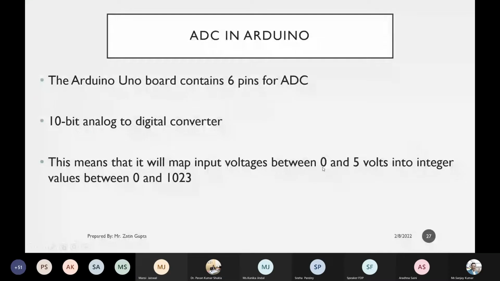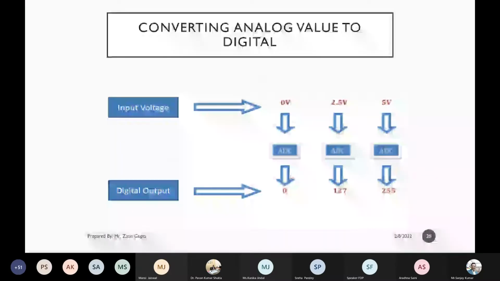So by the use of the analog signal we can work on a minimum variation in the signal. See, if 0 volt is the input, then the digital output is again 0. If 5 volt, then the maximum 255 digital output is there. 2.5 means 127 will be the output, if we talk about the mid one.